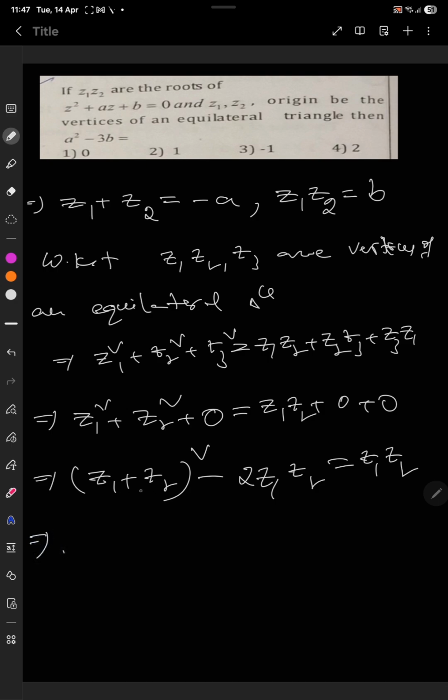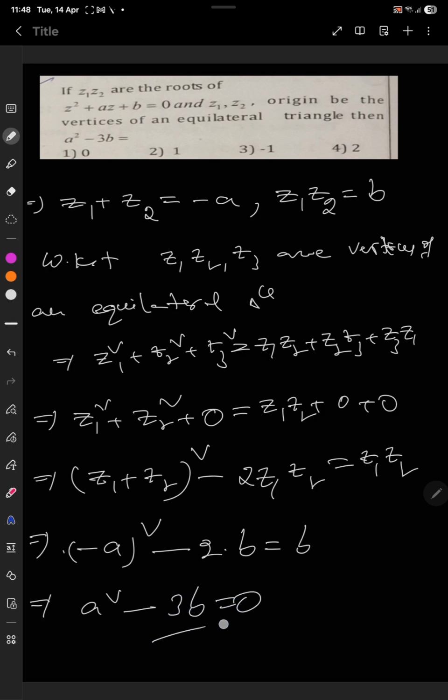So z1 + z2, that is equal to minus a, whole square, minus 2 z1 z2, z1 z2 is b, that is equal to b. So a^2 - 2b - b, that is a^2 - 3b, that is equal to 0. So first option.